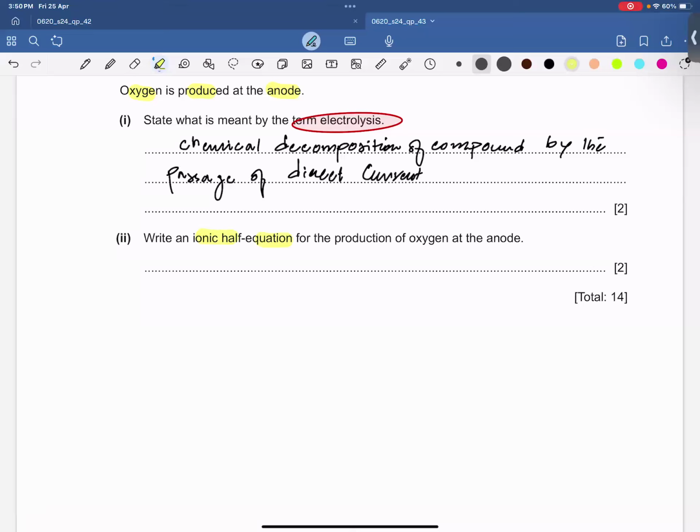Write an ionic half equation for the production of oxygen at anode. You should remember this equation: 4OH⁻ converting into 2H₂O, O₂, and 4 electrons. Okay.